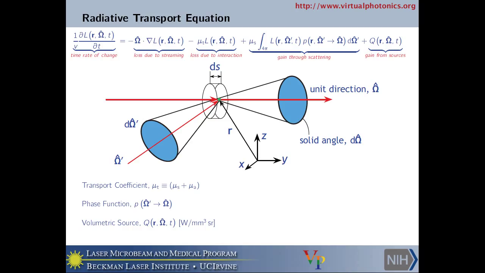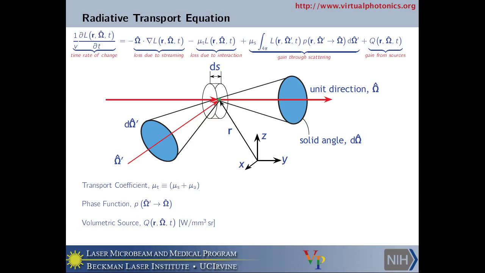And if we're considering this point within the tissue denoted in green, how is this radiance changing with time? It can change in time through multiple interactions. First we have to recognize that light is constantly moving, and therefore you can have loss of light or gain of light through propagation.